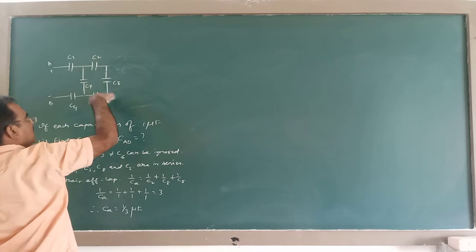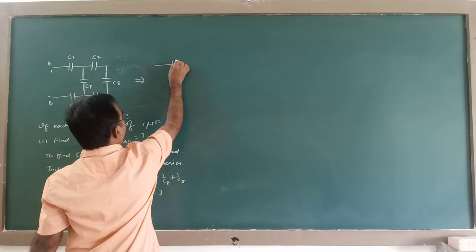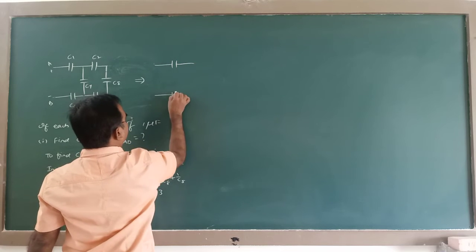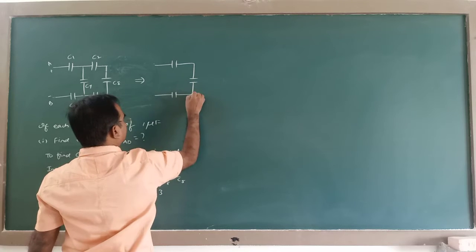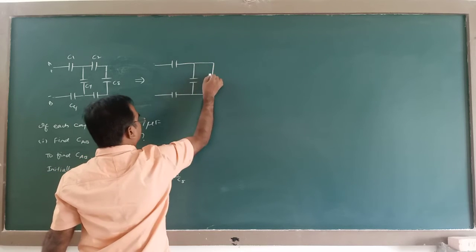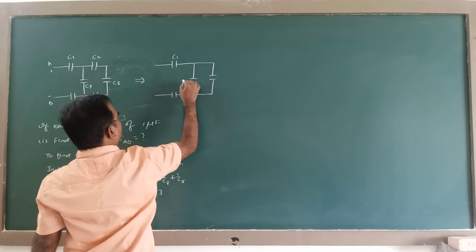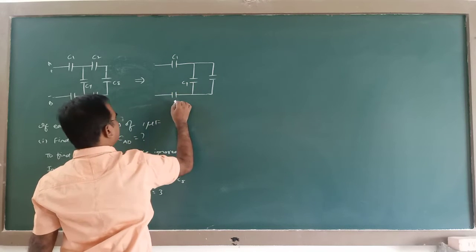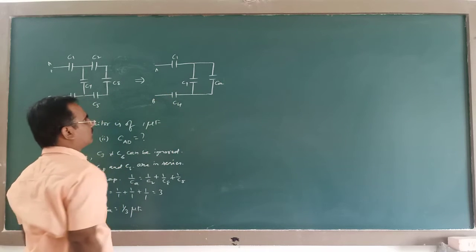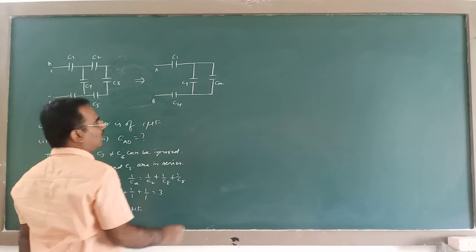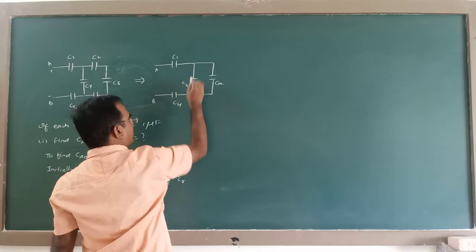That means these 3 capacitors are replaced by a single capacitor like this. So this is C1, this is C7, this is C4 and this is CA. Next, this CA and C7 are in parallel between these 2 points.